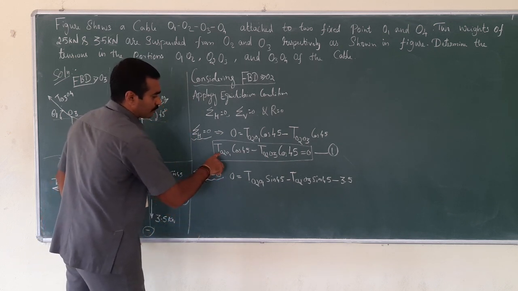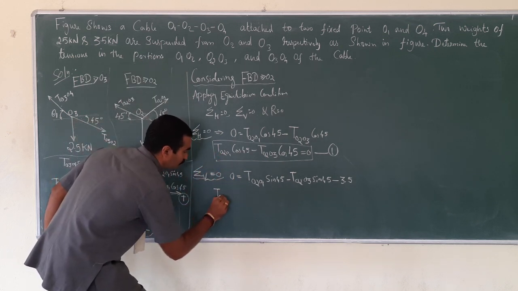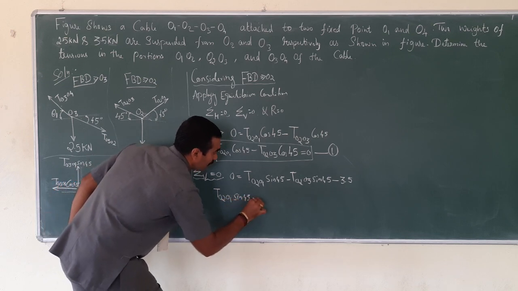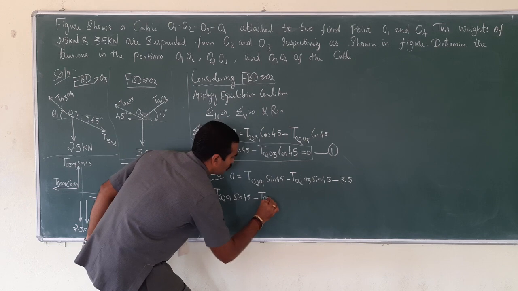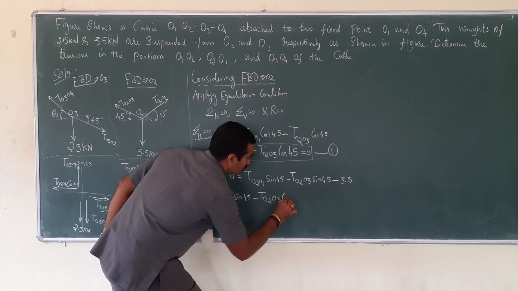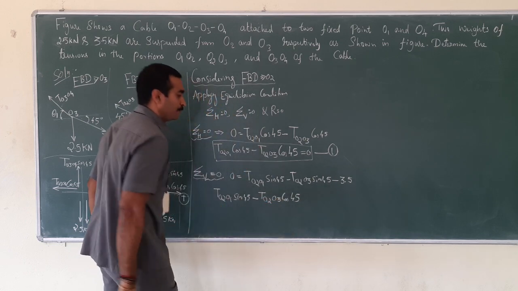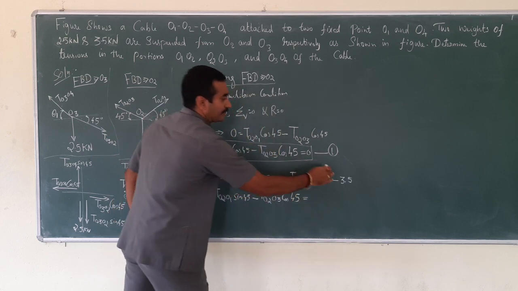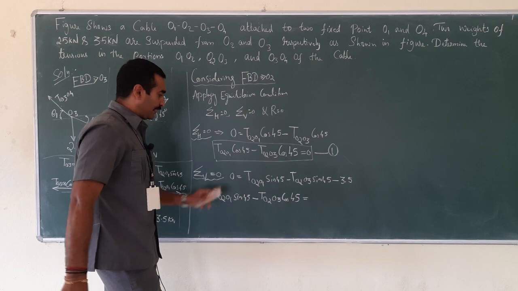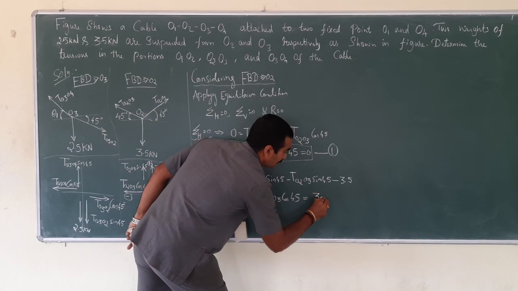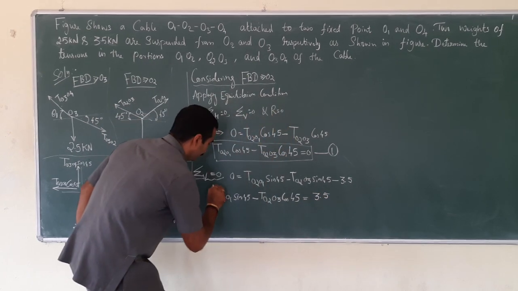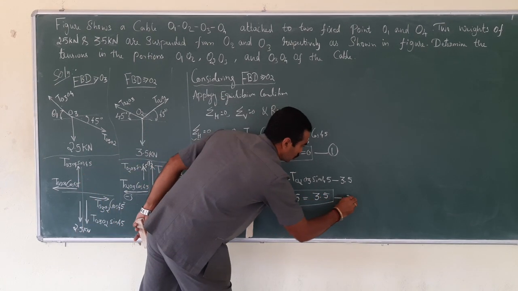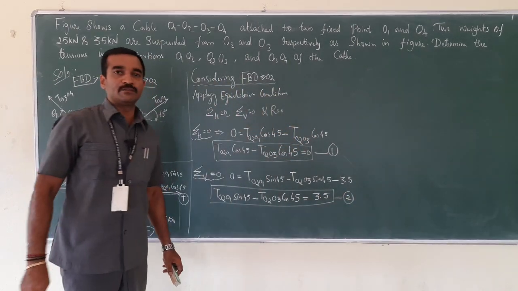So look at here, TO2O1 sin 45 minus TO2O3 cos 45 equal to, when you take this 3.5 to the left hand side, 3.5. Got it? So this is equation number 2.